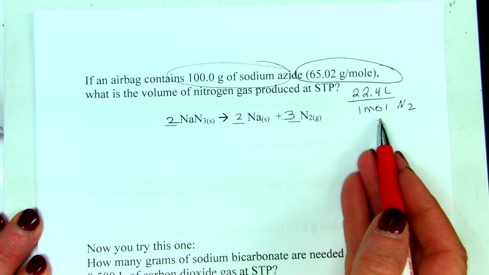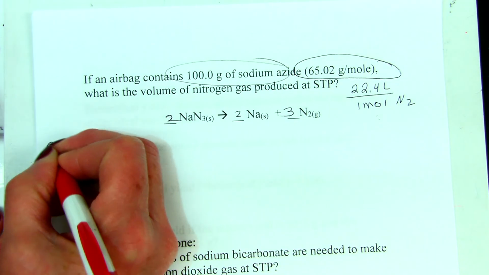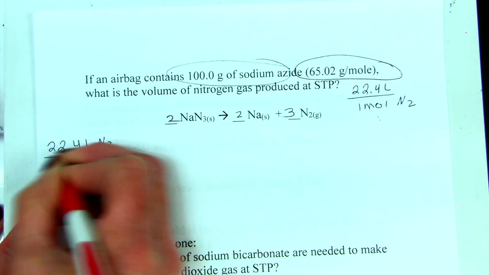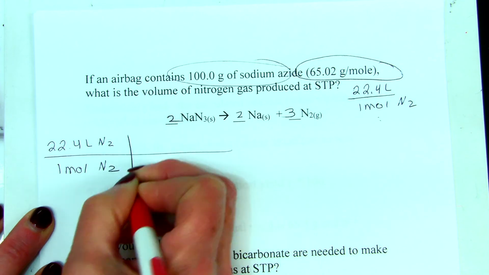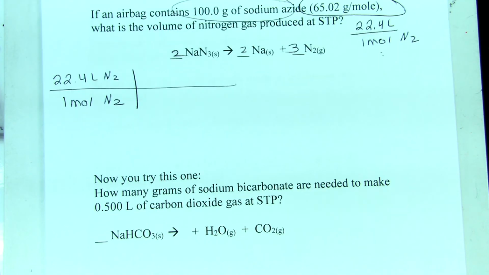With my 22.4 liters, so I get liters on top, right? So 22.4 liters of nitrogen per 1 mole of nitrogen. Now, to cancel out the moles of nitrogen, where do I go? Molar mass or to the equation?